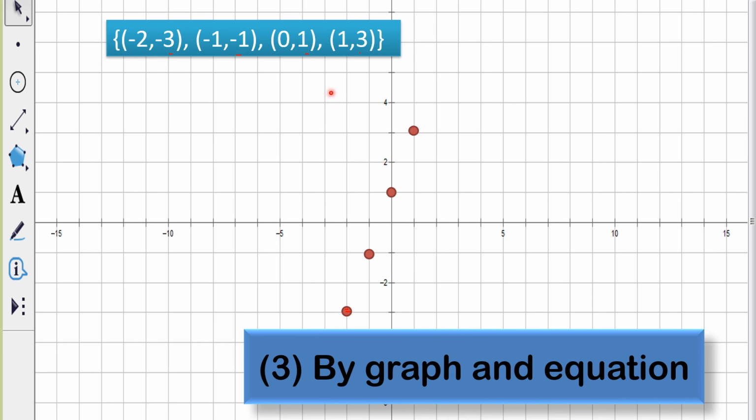Now, asan yung graph natin? Siyempre, since this is a set of ordered pairs na magkakasama, therefore, we can connect this set of points to make the graph. Okay? Pero, obviously naman, our graph is linear or a line.